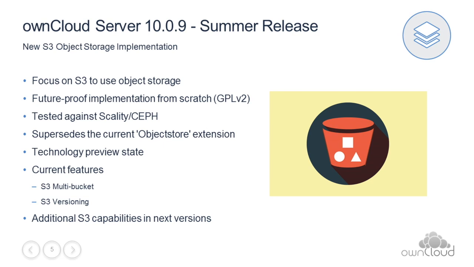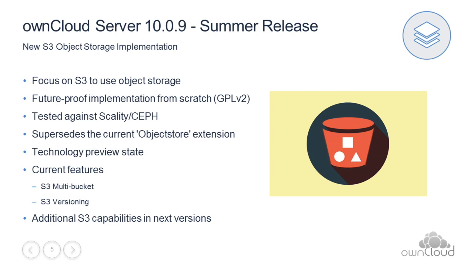And we also have certifications now, at least for Scality. For Ceph, we're still in the process of certifying OwnCloud, but this will make sure that if you have such storage systems in-house, OwnCloud will be fully compatible and can operate those reliably.